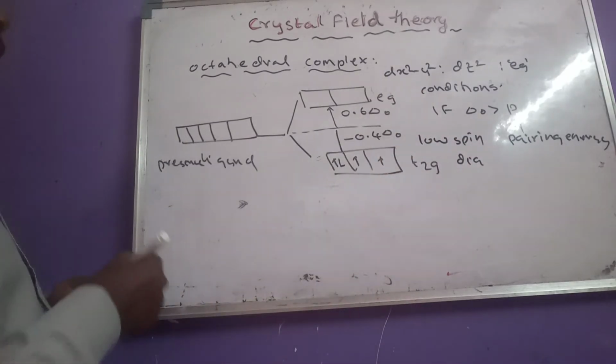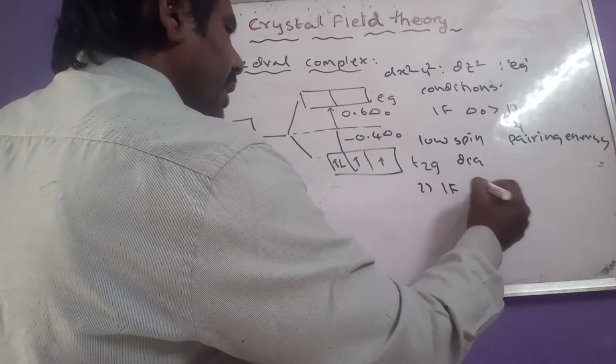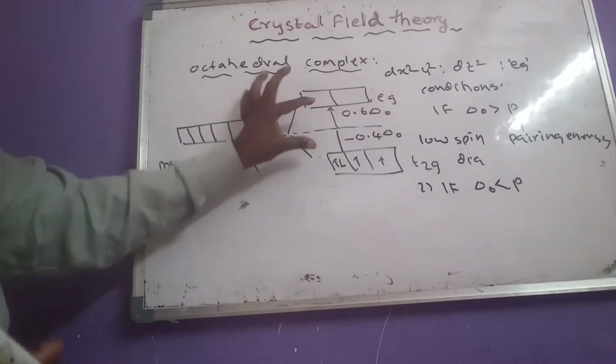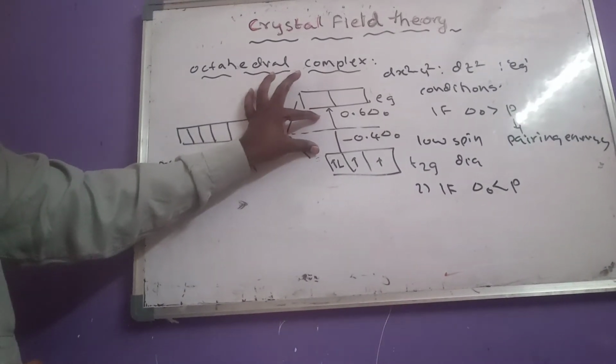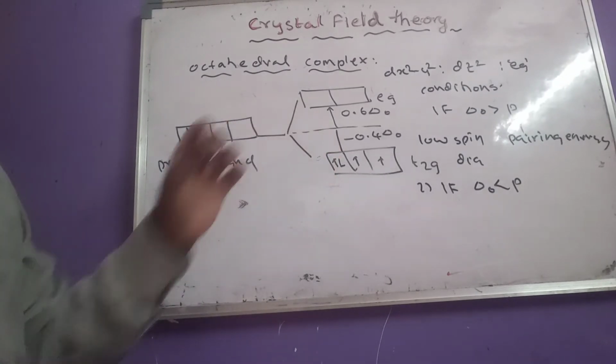That is the first condition. The second condition is delta naught less than pairing energy. That means the energy gap between these two sets of orbitals is less, which means a weak ligand has approached the central metal ion.